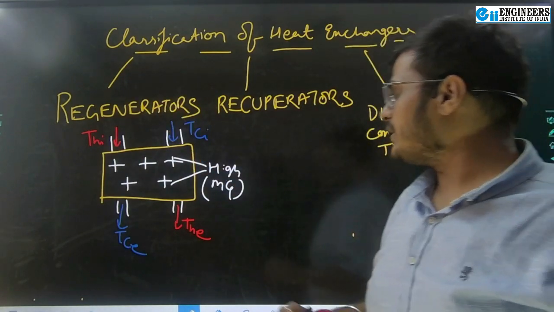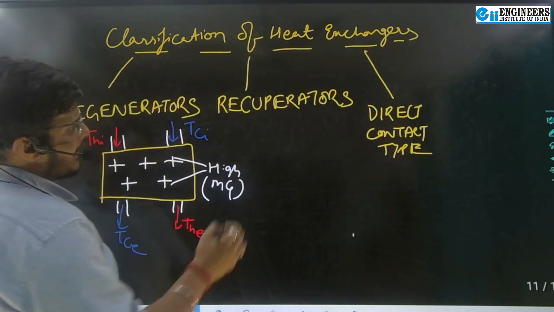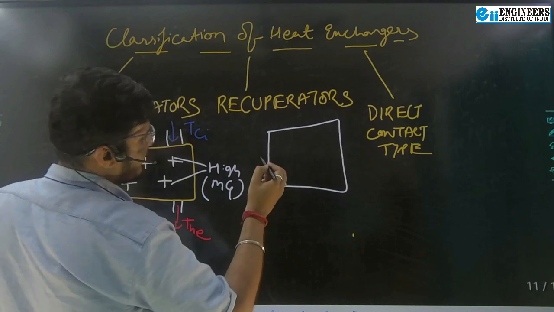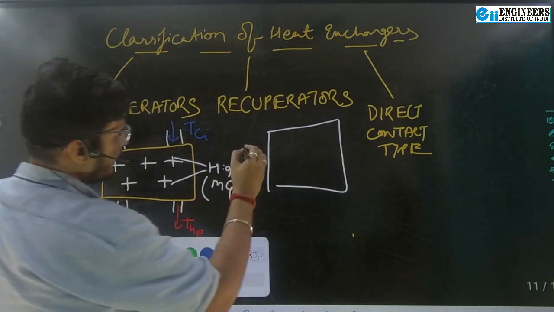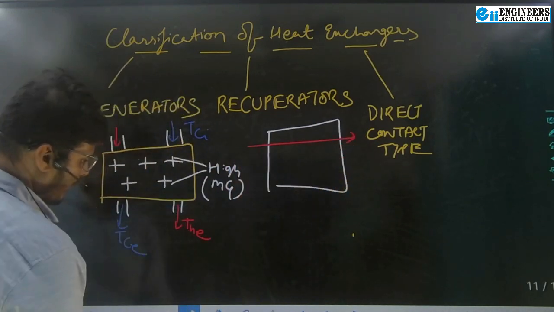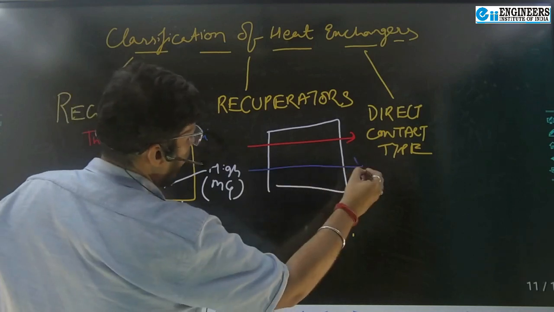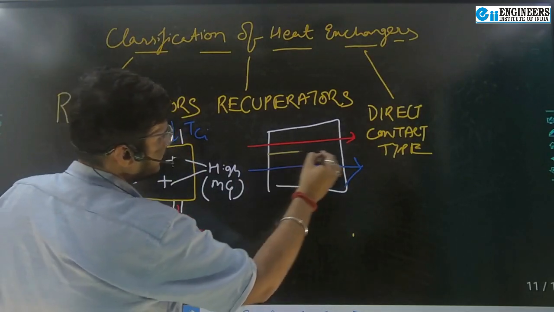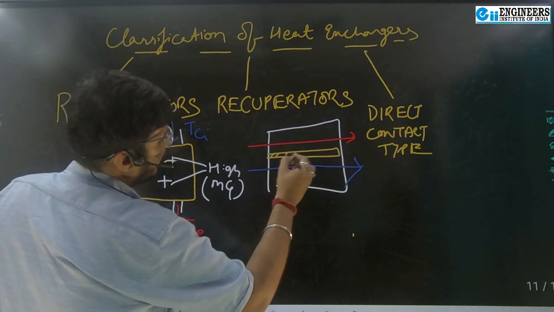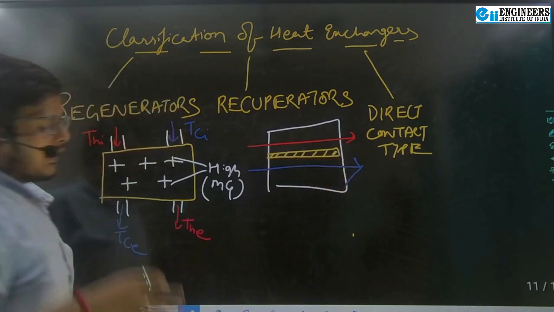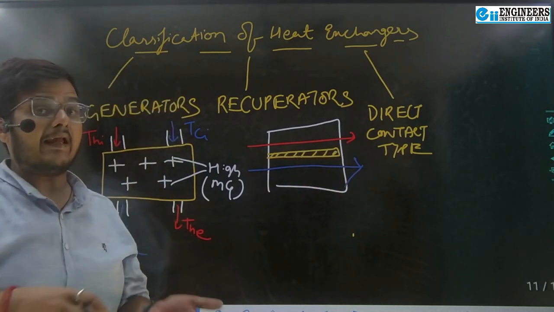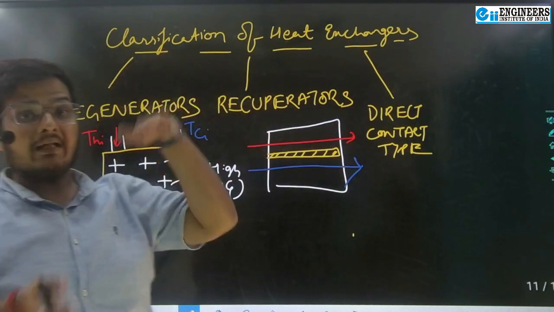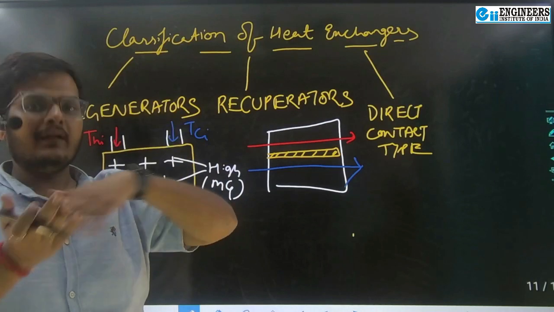Now moving towards recuperators. Recuperators are the heat exchangers in which both the hot fluid and cold fluid are made to flow simultaneously, with a separation between them. That means the hot fluid is flowing and the cold fluid is flowing, but they are separated by some wall.